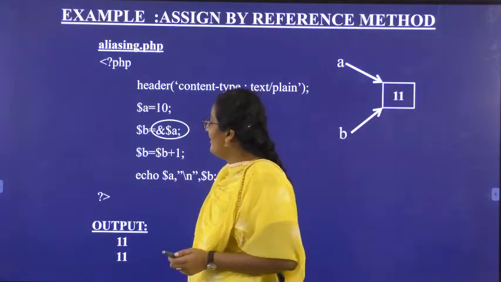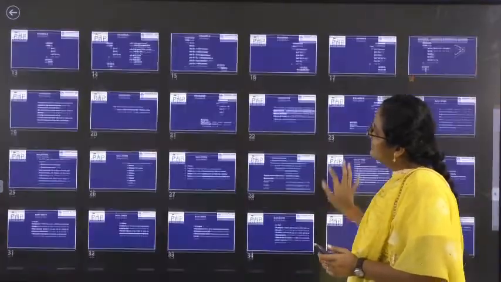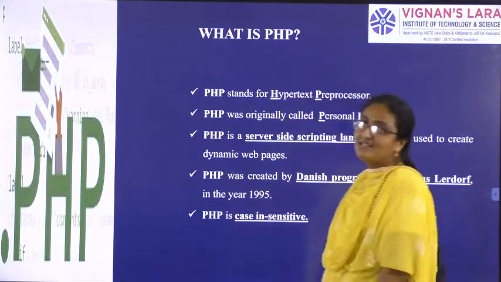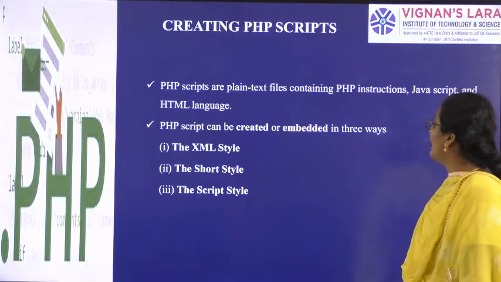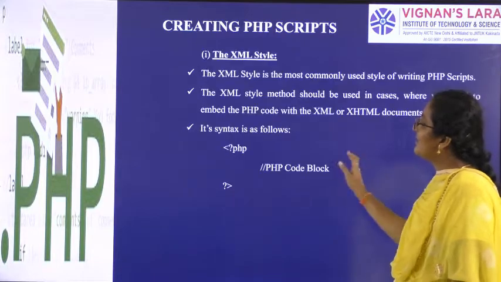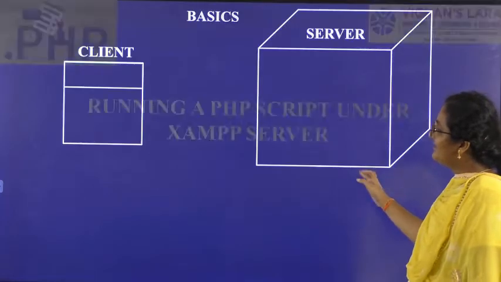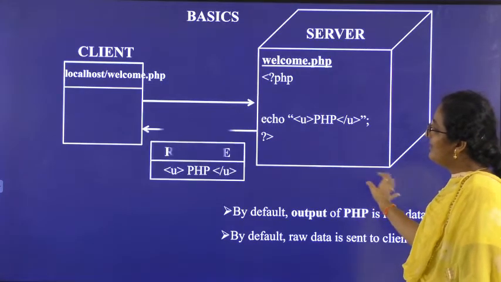So let us see what all we have discussed today. We started unit 4 by discussing what is PHP and what are the ways to create PHP scripts and what is the syntax for 3 different ways. Then how you can run the PHP in XAMPP server. What is a response.